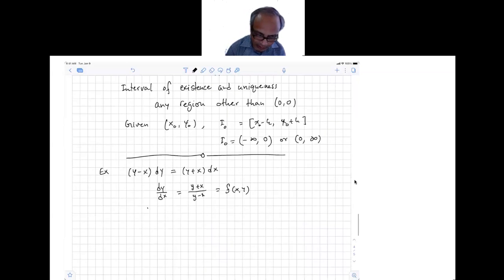Find the derivative of f with respect to y. Again this is the quotient rule.